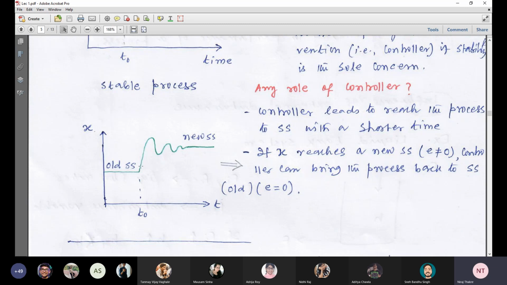Fine. There may be a little bit of oscillation, then it will come back to the old steady state. It's not going to settle in a new steady state. So these are the main two reasons even for a stable process that we use a controller. I hope it is clear to everyone.